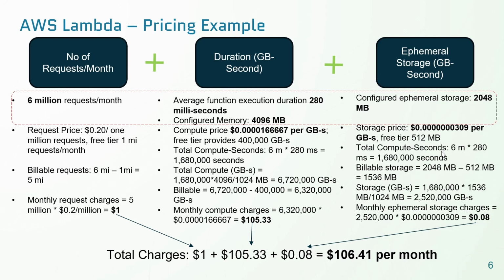The third driver is the ephemeral storage, and it is priced at $0.0000309 per GB-second, and we have a free tier of 512 MB per function. The total compute seconds is 6 million times 280 milliseconds, which is 1.68 million seconds.